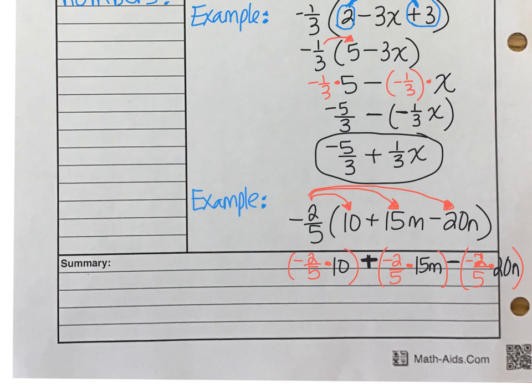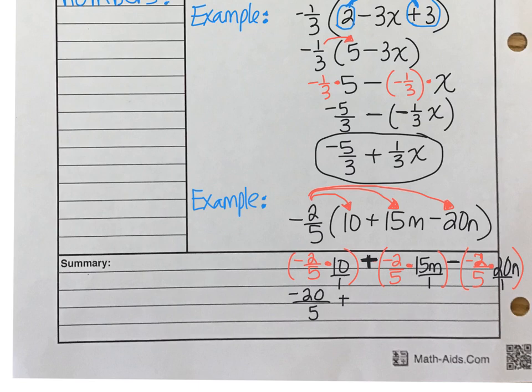Now I'm going to simplify by multiplying that fraction times each of those terms and then simplifying where needed. So let's take a look at what we get. Remember that each of those whole numbers is having a denominator of 1. And when I multiply fractions, I multiply straight across the top. So I get -20 and straight across the bottom times 5.